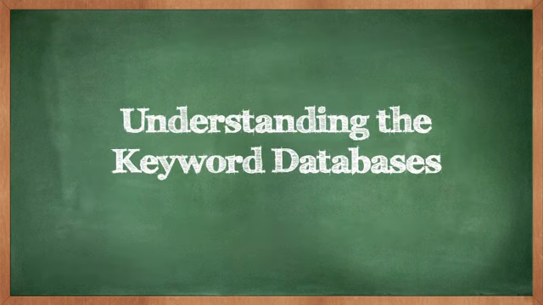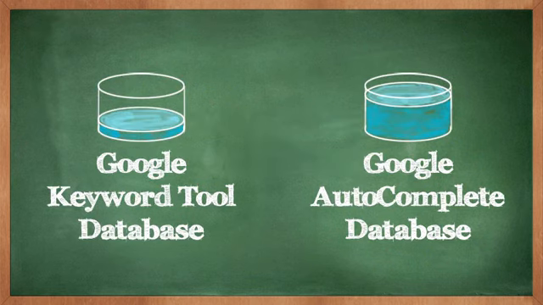So how do we get our hands on all these great keywords? One trick in getting a better understanding of keyword research lies in first trying to understand how Google's keyword databases work. Google has two distinct separate databases. A lot of people don't realize this. In actuality, Google probably has thousands of keyword databases, but we'll just be talking about two.